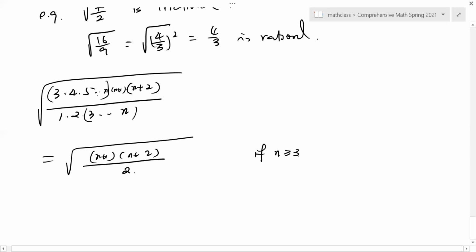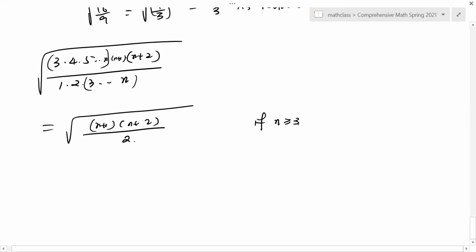If n equals 3, that's only 3. If n equals 4, it's 3 times 4. To make this a rational number, I want to make sure it's a perfect square, not an irrational number.